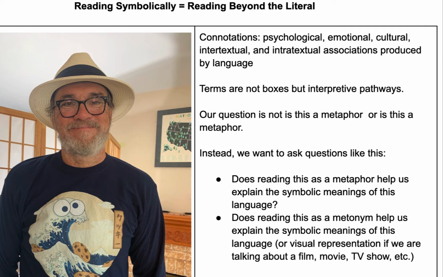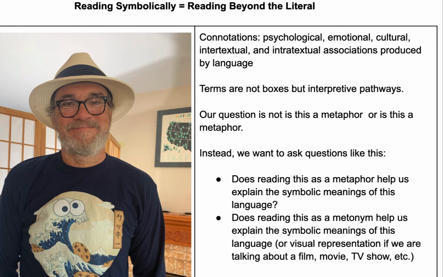So when authors use words, they communicate symbolic meanings. Those symbolic meanings can be psychological, emotional, cultural, between texts, within the text. They operate on many levels beyond literally what's happening.